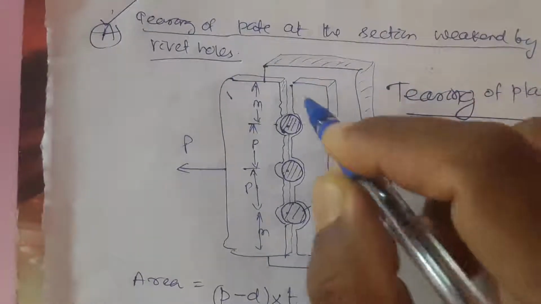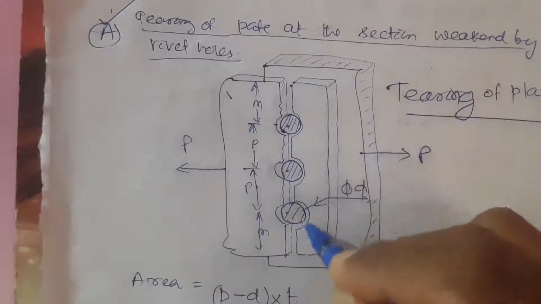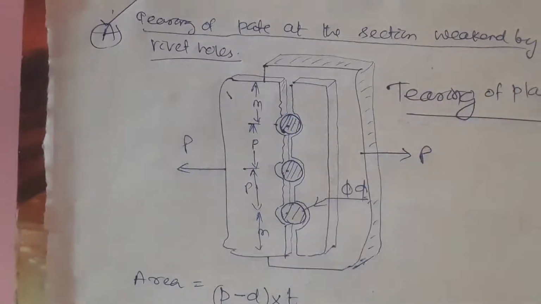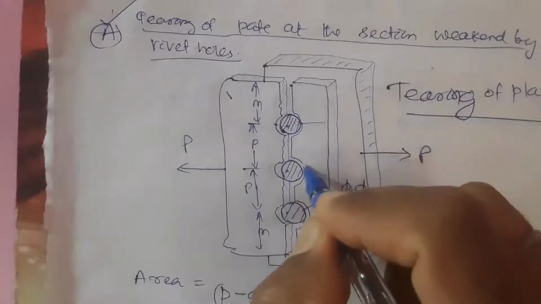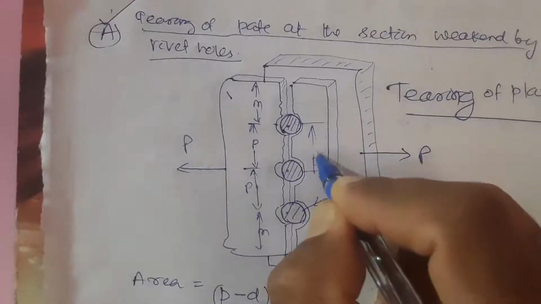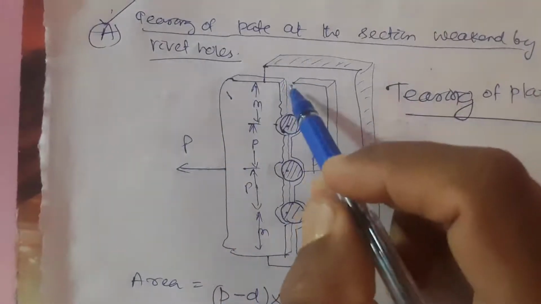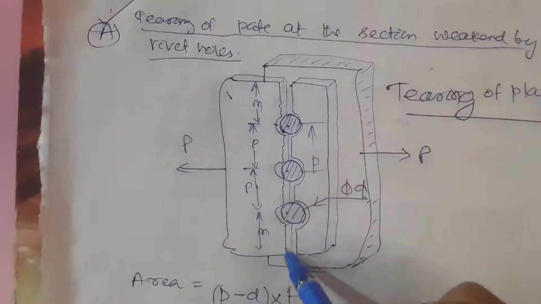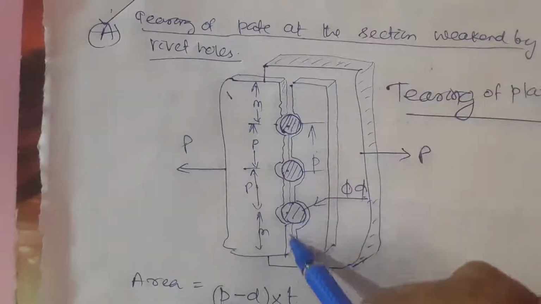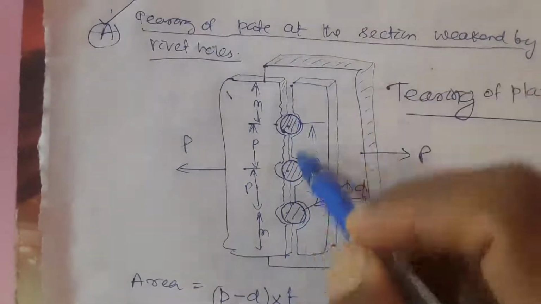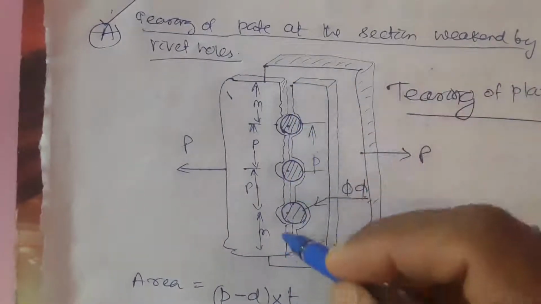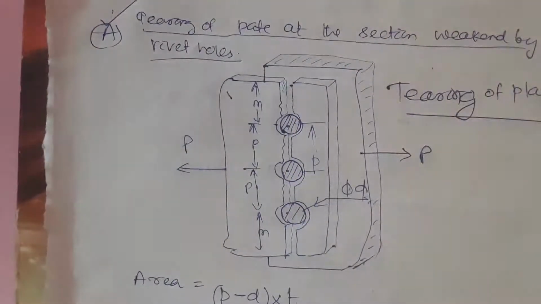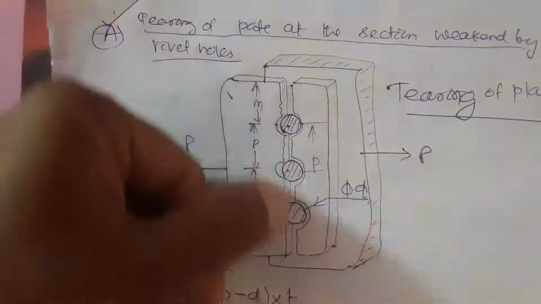These two plates are joined with the help of rivets. Like this, there are rivets, and this is the pitch length, and we assume that it is failing along the holes made in the plates where the rivets are kept.